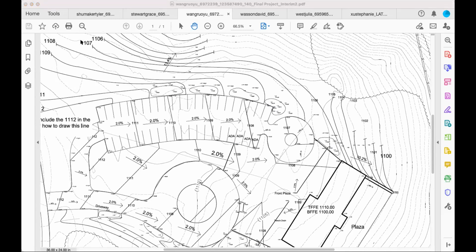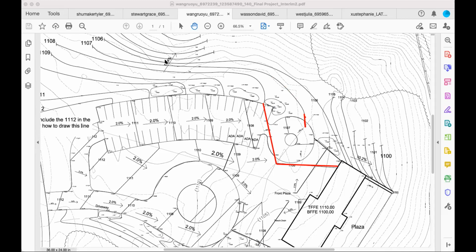This is one. So this is your 08. And if your original 07 is here, then your contour needs to connect like this. Oh, let me change to a different color.